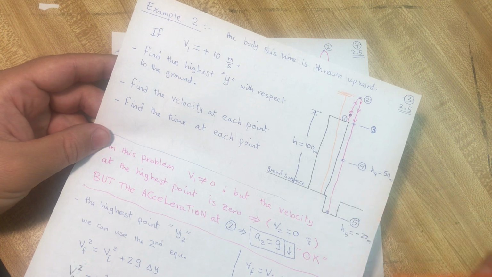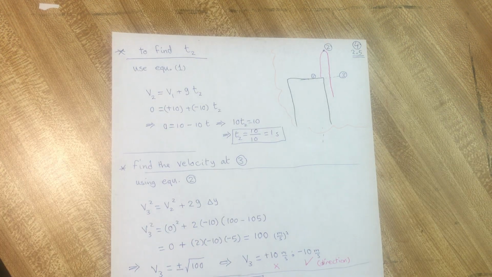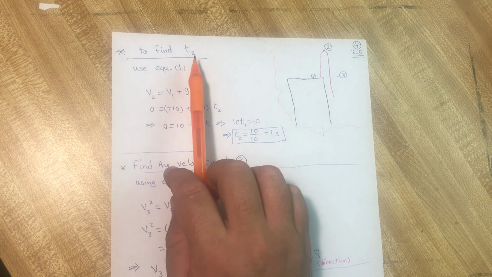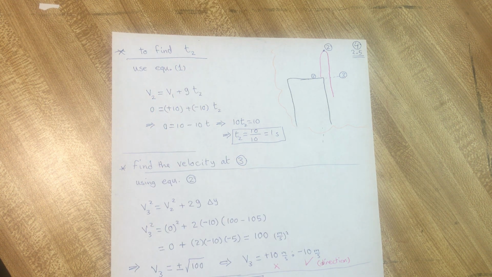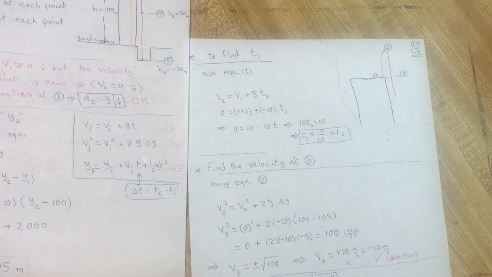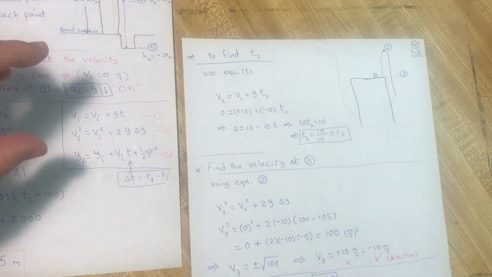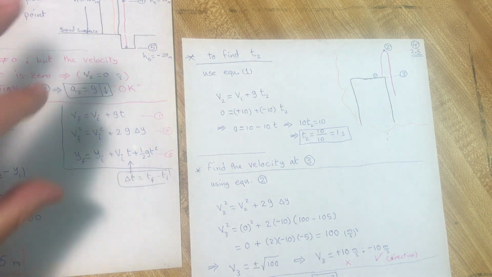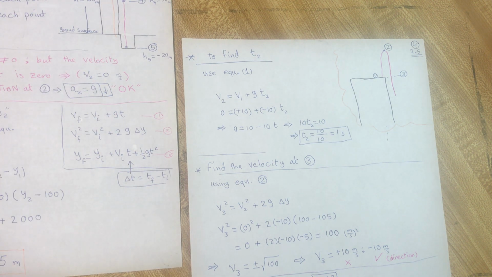It is easy to complete that, I think. Okay, at point number 2, we need to find the time. Now, these are the equations. I don't know them by heart yet, so I will write them on a paper and then I use them always. I cheat from them always.